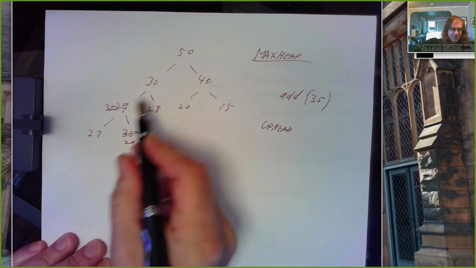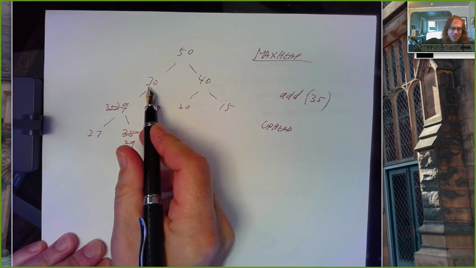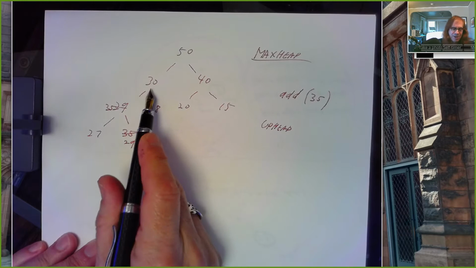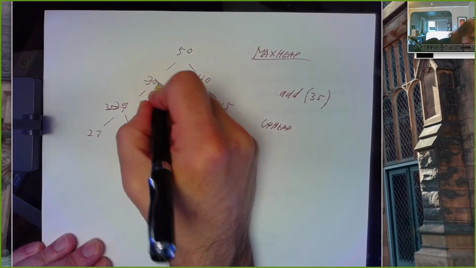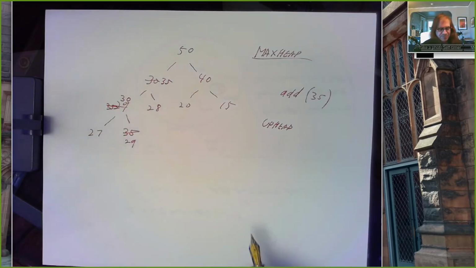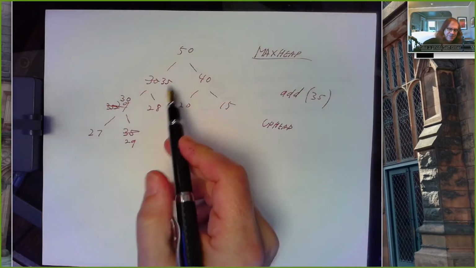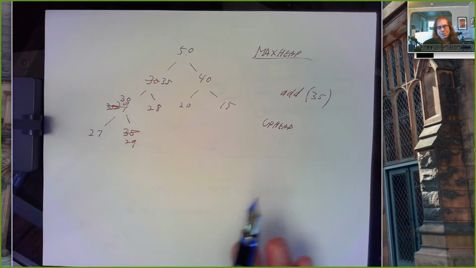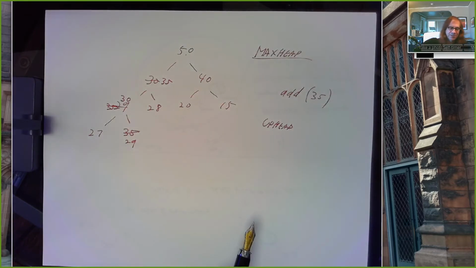Now check 35's parent, see if it satisfies the max heap property. 30 is not bigger than both children, so swap 30 with the largest child. This becomes a 35, this becomes a 30. Now check 35's parent for the max heap property. 50 is bigger than both of its children. We're done. We finished adding 35, and we should have a heap still.